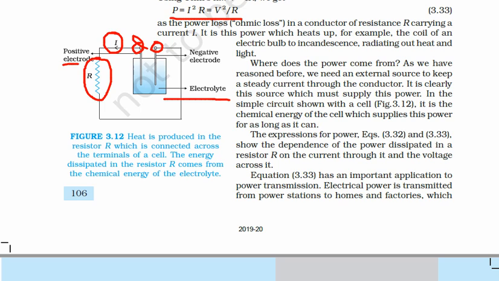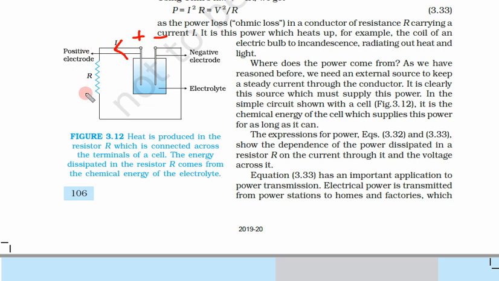And many of you sometimes make a wrong diagram, that current flows always from the positive terminal to the negative terminal. See, this is positive, this is negative, so current will always flow like this.